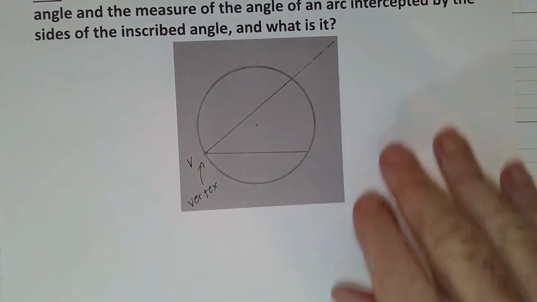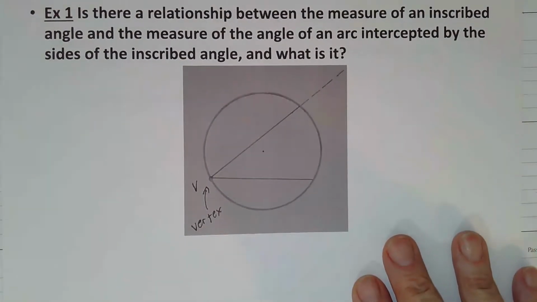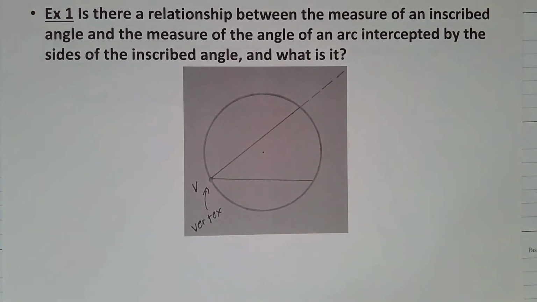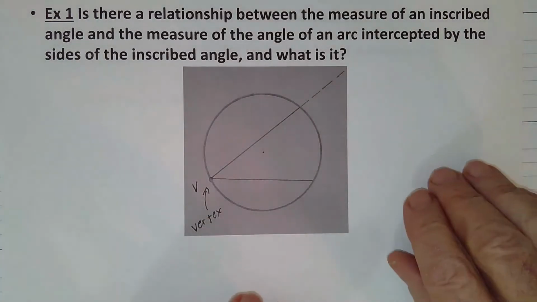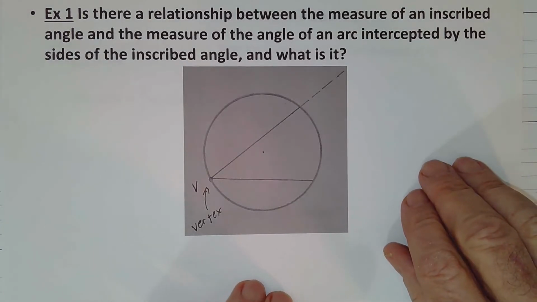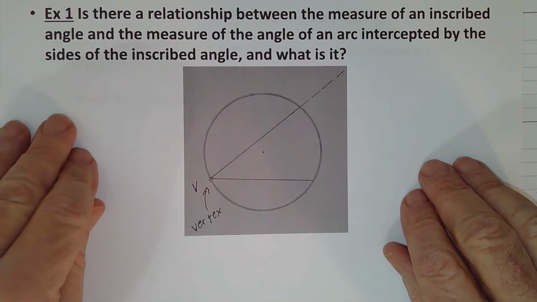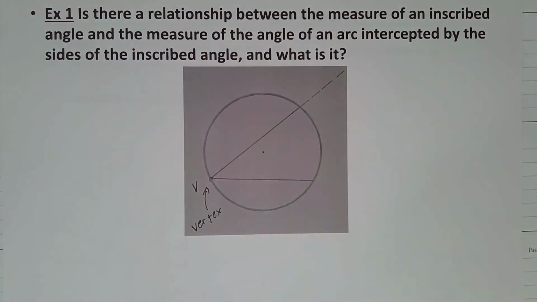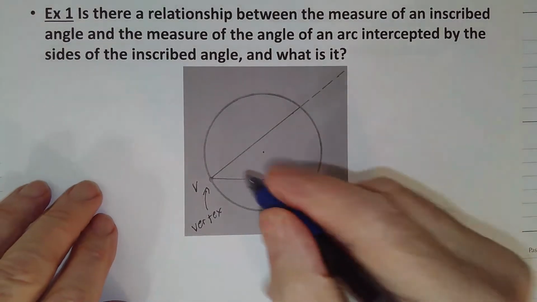So, first example, I'm asking, is there a relationship between the measure of an inscribed angle and the measure of an arc intercepted by the sides of the inscribed angle? Again, the inscribed angle is right here.